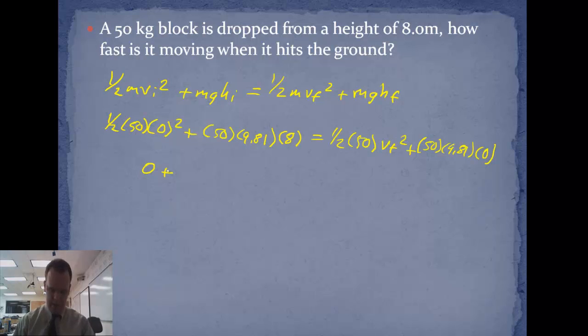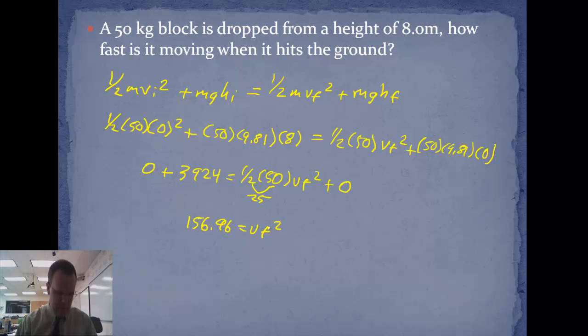Multiply 50 by 9.81 times 8, you get 3,924 equals 1/2 50 v final squared plus 0. So 1/2 of 50, this is 25, so I'm going to divide both sides by 25. I get 156.96 equals v final squared, and then I need to take the square root of that.